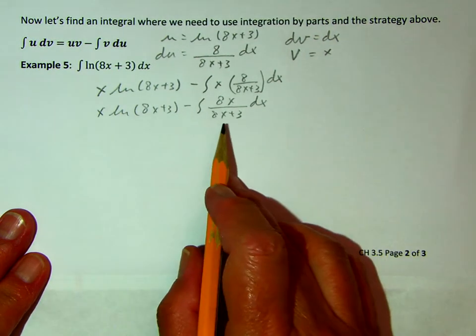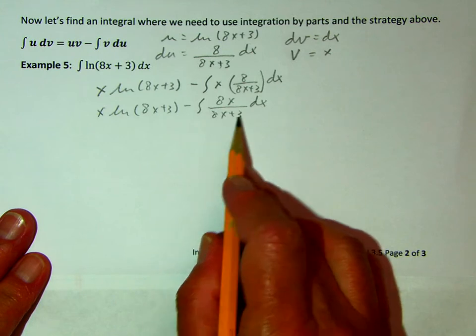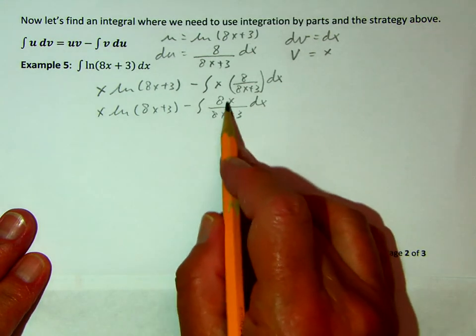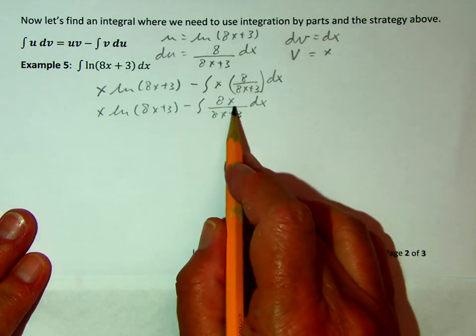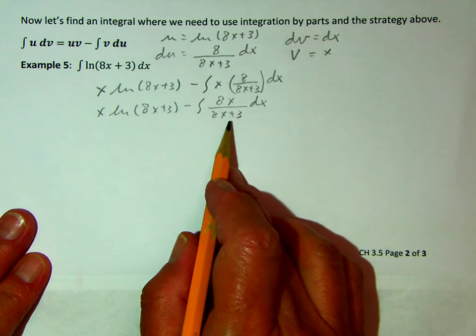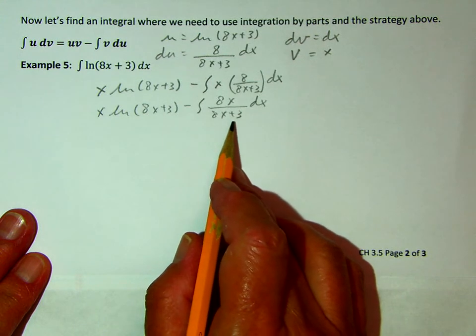And again, if we try integration by parts, we're going to see that we have this leftover piece here. So we're going to go ahead and do the long division and change the form of this piece.